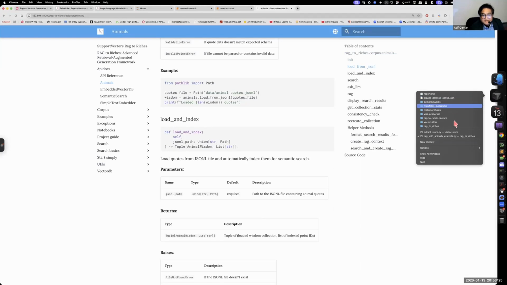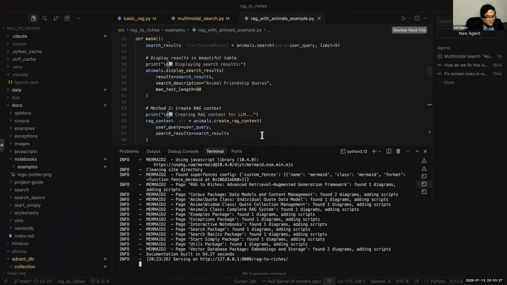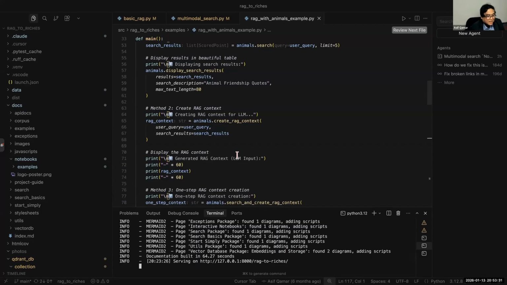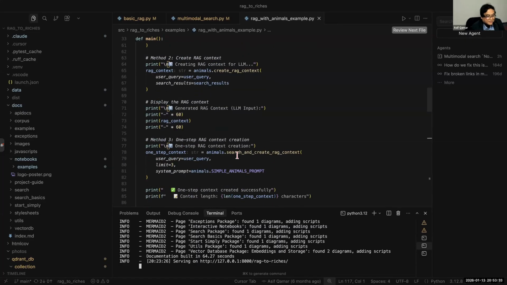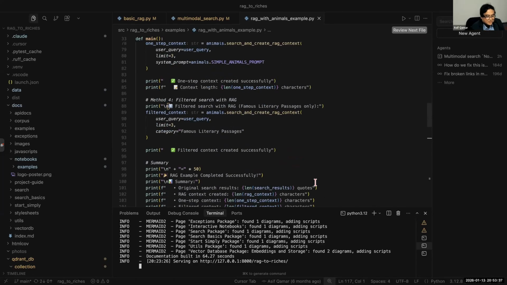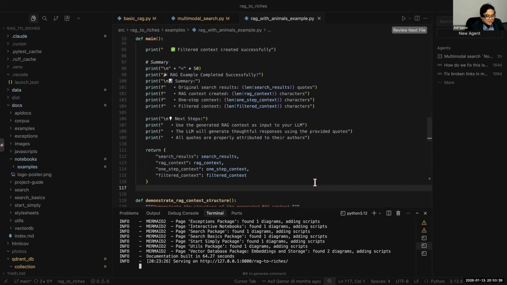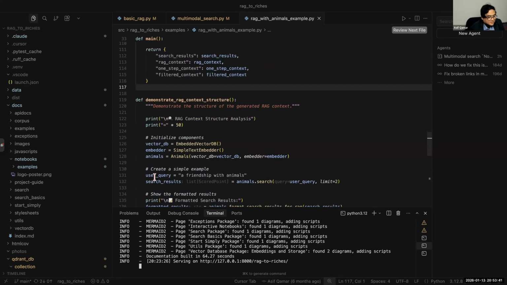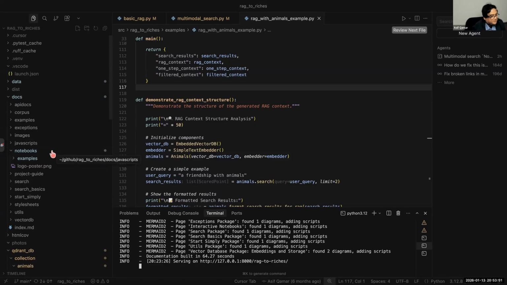Oh, one more thing I wanted to show is how the results should come. RAG context, generate one step animal filtered content. So when you do this, one of the things you will realize is the return value of the animals RAG class. Let's go and look at that.